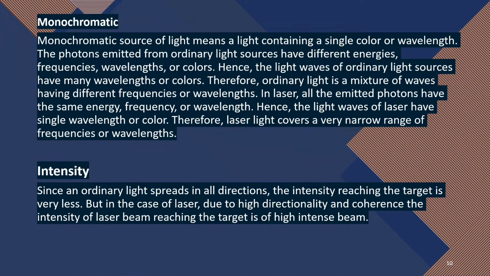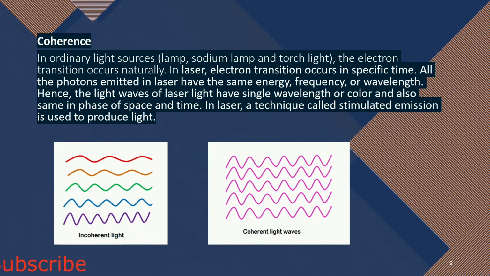So now coherence. Coherence is another great characteristic of laser. An ordinary source of light emits light in all directions randomly. The light waves emitted by the ordinary source spread in all directions. Such a beam of light whose component waves are not in phase with each other is known as an incoherent beam of light.